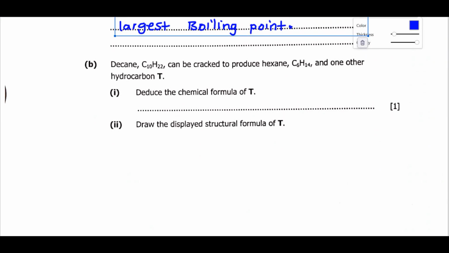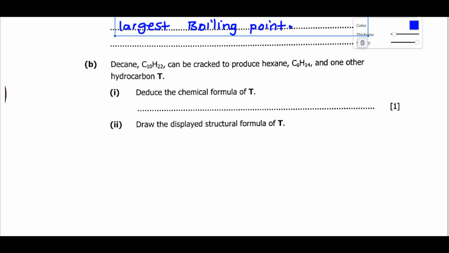to question B. Decane, C10H22, can be cracked to produce hexane and one other hydrocarbon T. So now the answering of this question didn't depend on the formula that you know about, maybe alkanes and alkenes.